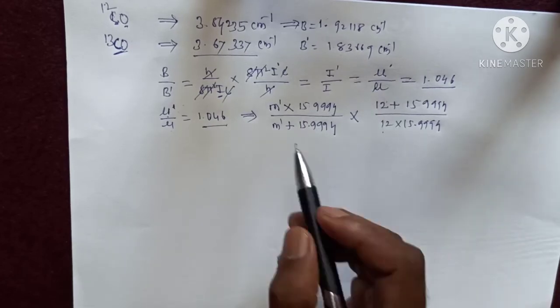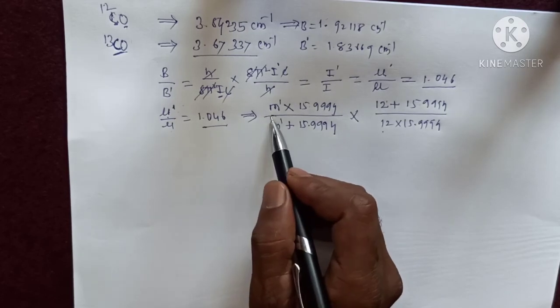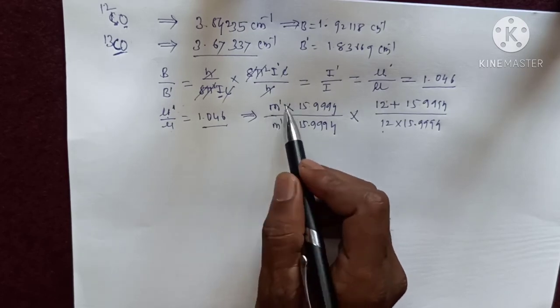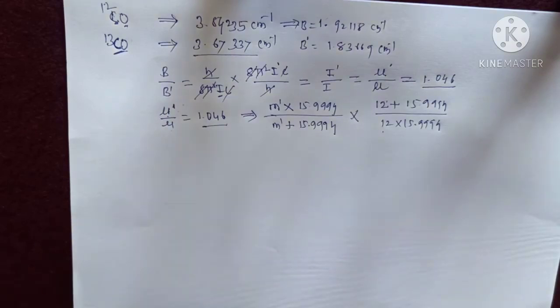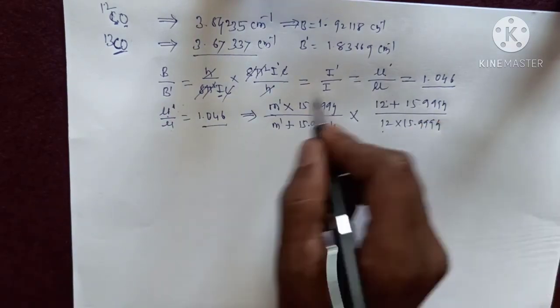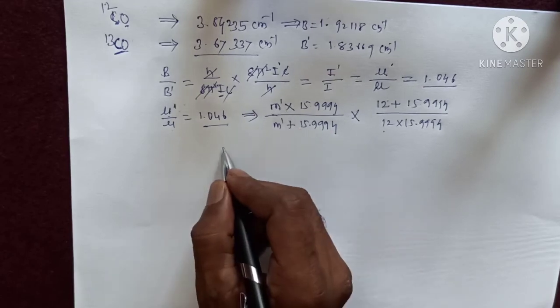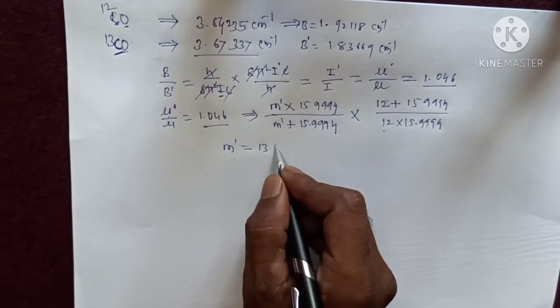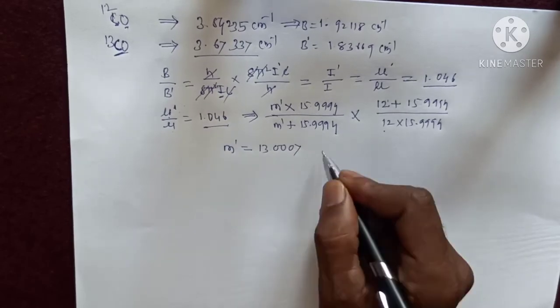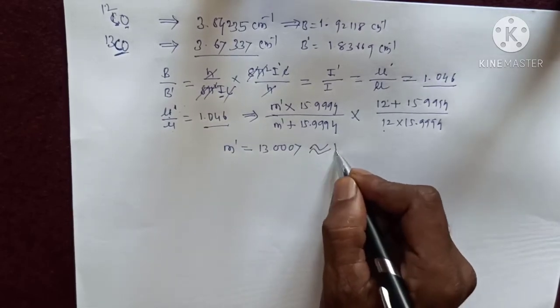The only value we do not know and have to determine is m dash, the mass of isotopic carbon. If you solve for m dash, we get 13.0007, that means nearly 13.